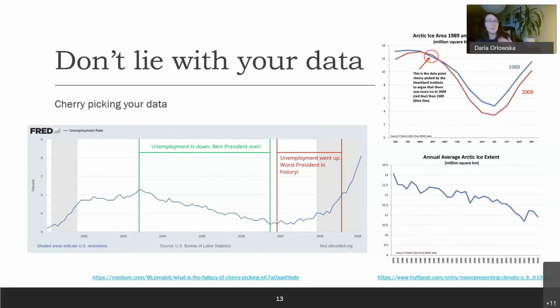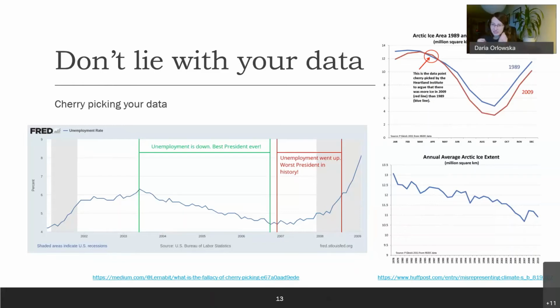An additional example of that is on the right-hand side, where you have two graphs in which one data point was cherry-picked, I think in April of 2009, to show that the Arctic ice area was actually marginally larger than in 1989, and to make a claim that we are actually doing well and maybe global warming is not impacting us.